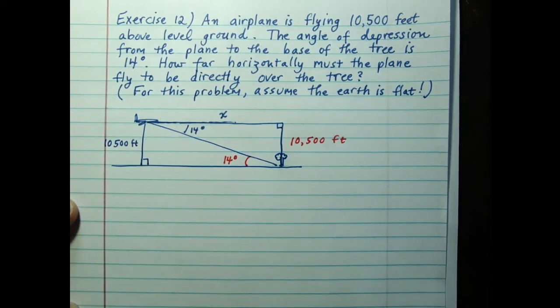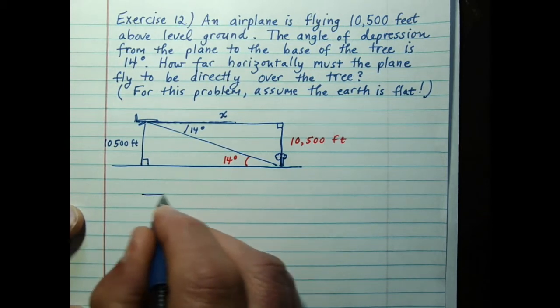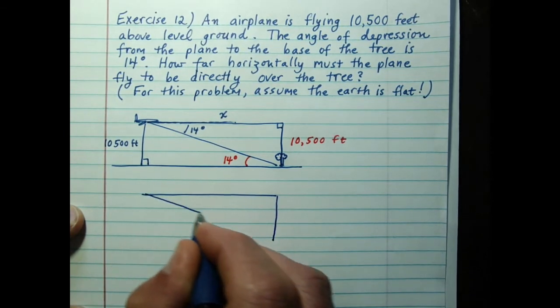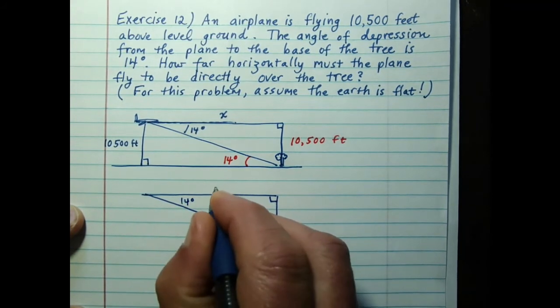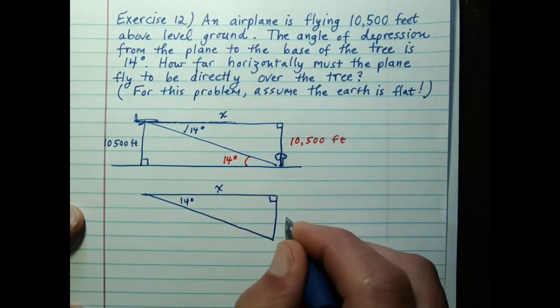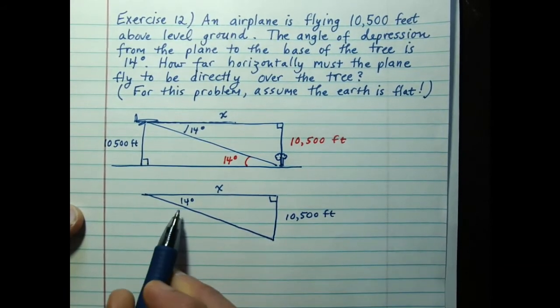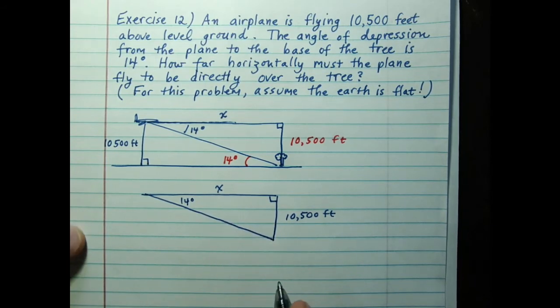So if I just pull out a triangle to use here, say I use the upper triangle. I got 14 degrees, I want to find x, right angle here, 10,500 feet here. For 14 degrees, I have an opposite side and an adjacent side involved.